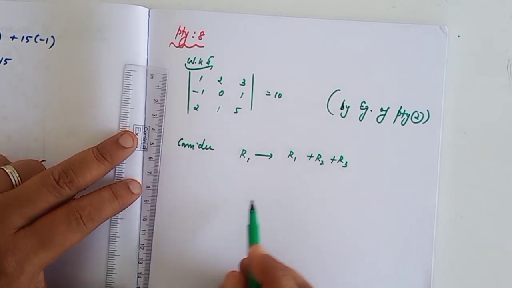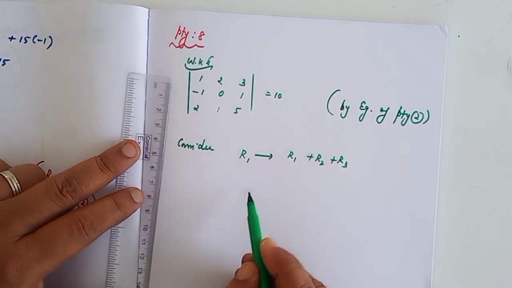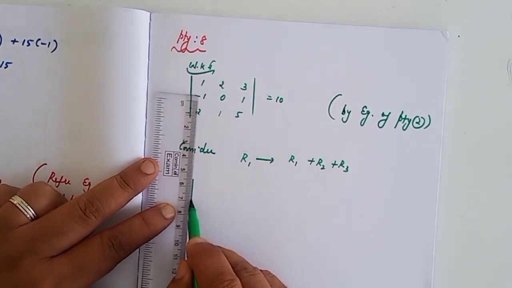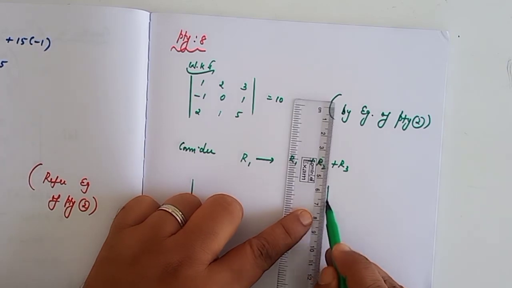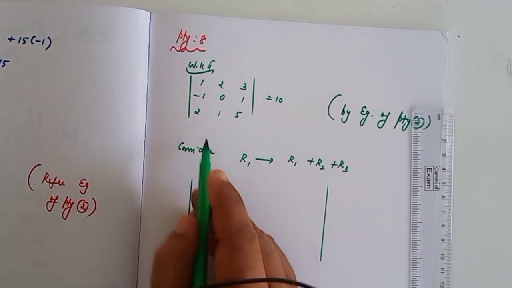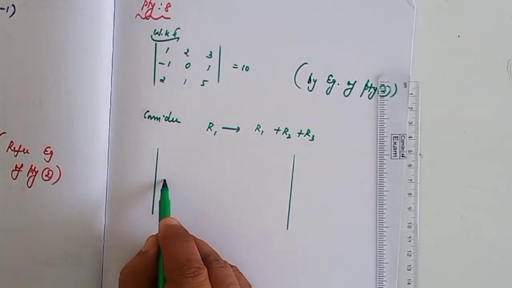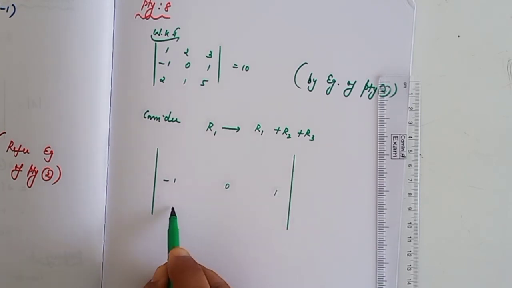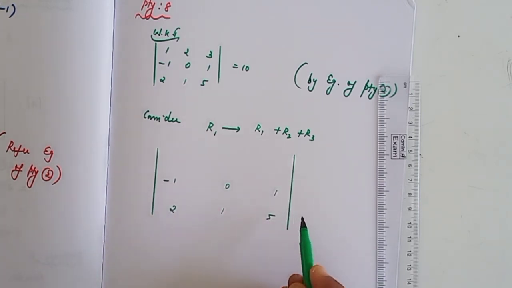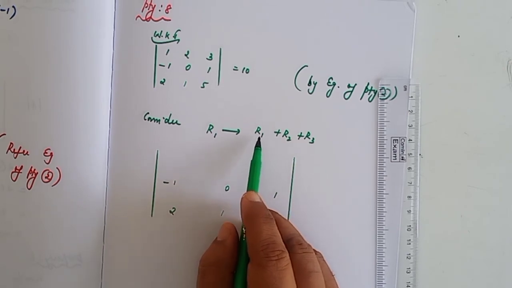So look at that, there is no change of R2 and R3. So better you write R2 and R3: R2 minus 1, 0, 1 and R3, 2, 1, 5. No change at all. So R1 implies R1 plus R2 plus R3.